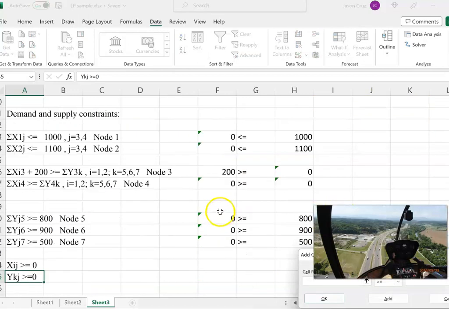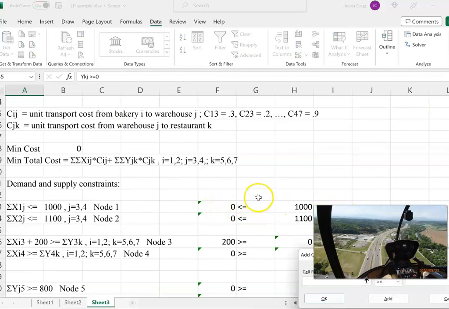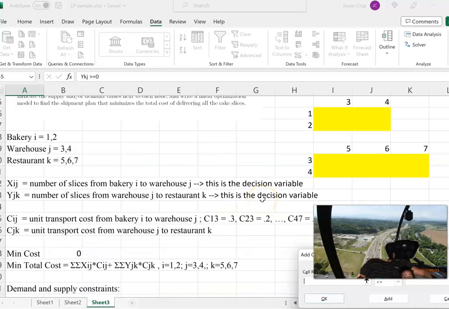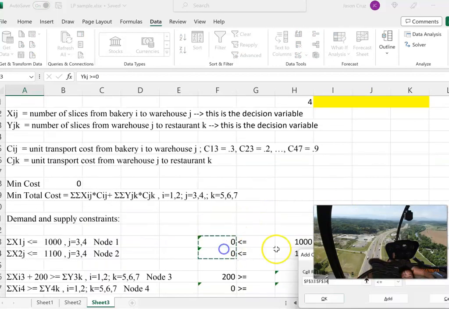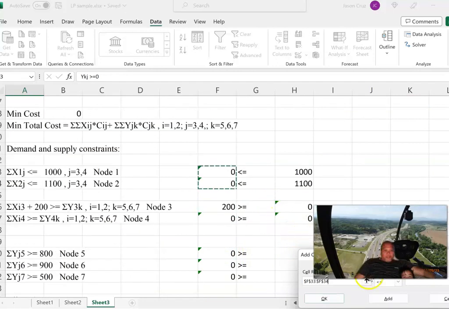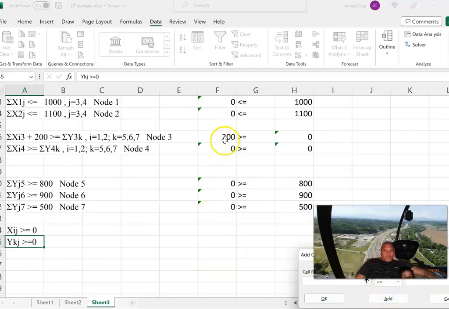The first constraint, we go through each of these: these numbers here must be less than or equal to these numbers here. Then you add, and these numbers here must be greater than or equal to these numbers here. Then you add these numbers here must be greater than or equal to these numbers here.